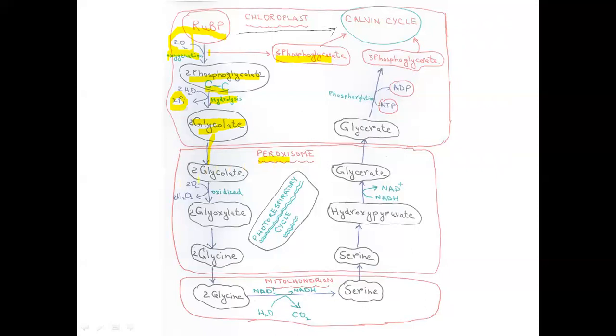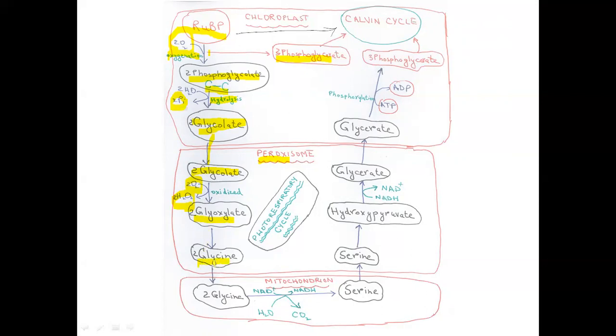Now the rest of the reactions will be continued in peroxisomes, where 2 glycolate molecules are oxidized, they react with oxygen, and then hydrogen peroxide is released, and two molecules of glyoxylate are synthesized. These two molecules of glyoxylate will synthesize two molecules of glycine.